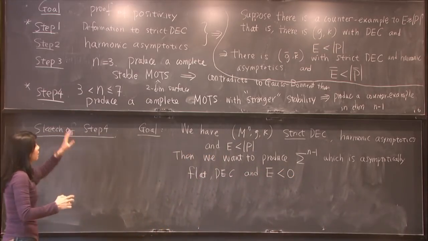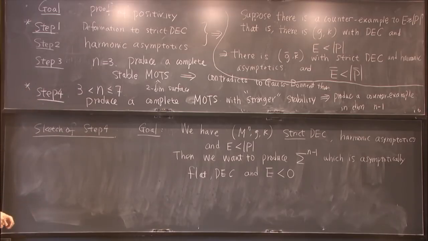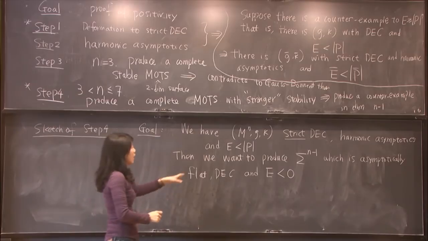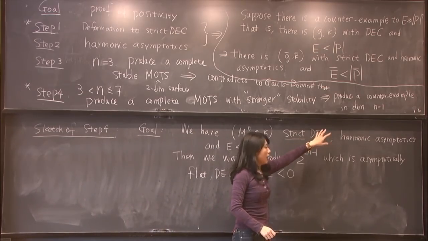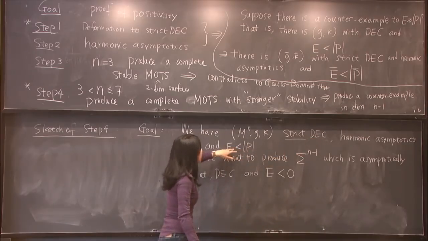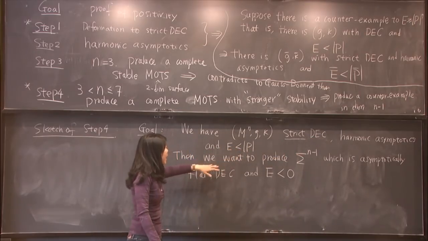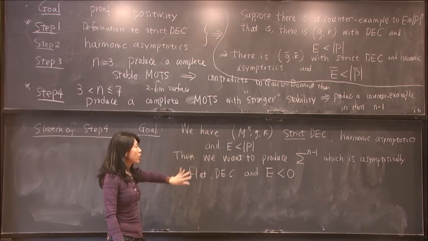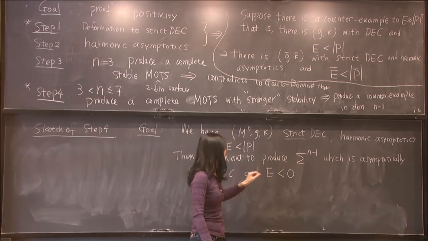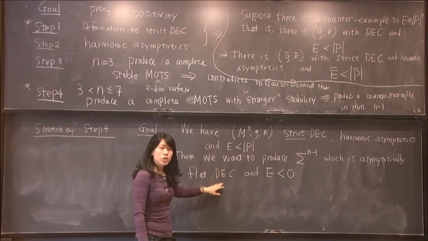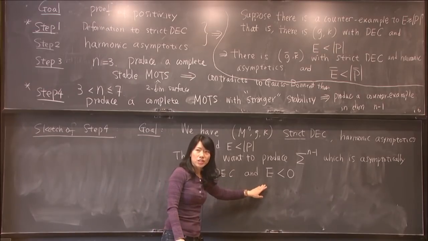Right, so we begin with, by steps 1 and 2, a counterexample to the positivity, which in particular has strict dominant energy condition and very special asymptotics and the equality field. And then we want to produce a one-dimension lower hypersurface inside, which somehow can be made asymptotically flat with dominant energy condition and a negative energy.